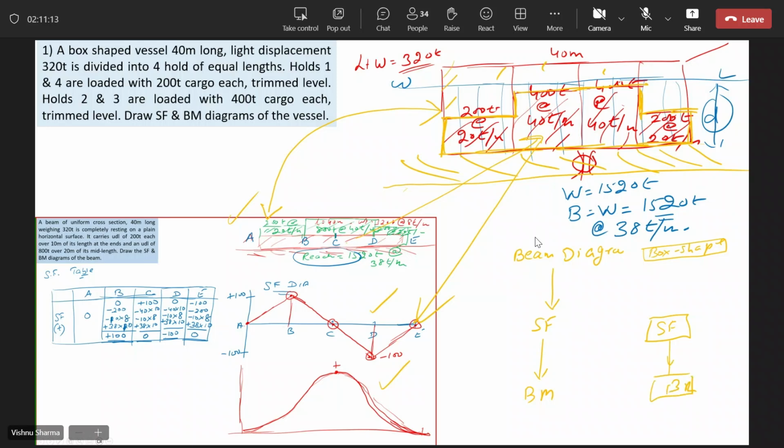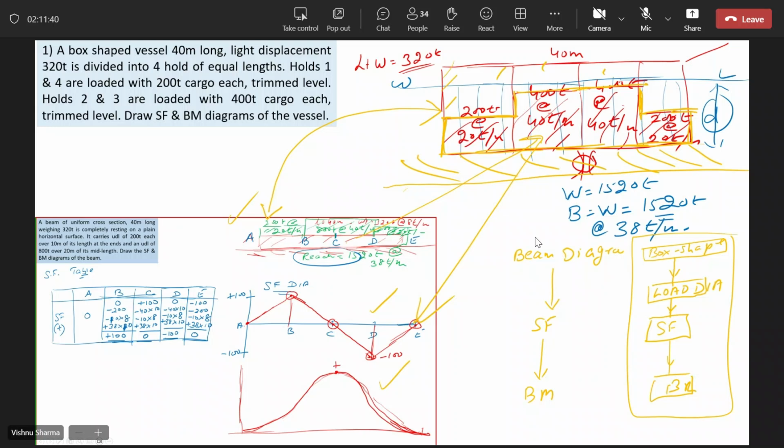But to get SF, we will introduce one more diagram in between. And that diagram will be called the load diagram. This is just to make things easier. Otherwise, it can be translated into a beam and still solved. I'm not denying it. So basically, now we'll take this route for the ship-shaped or box-shaped vessel.